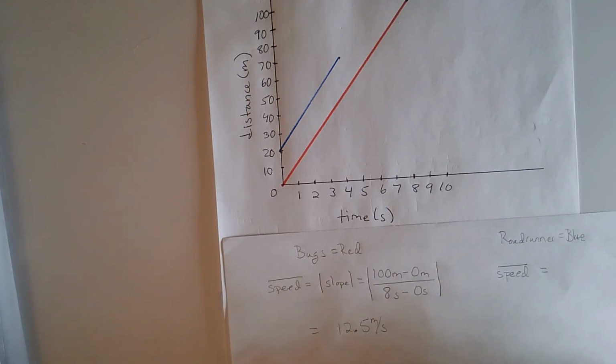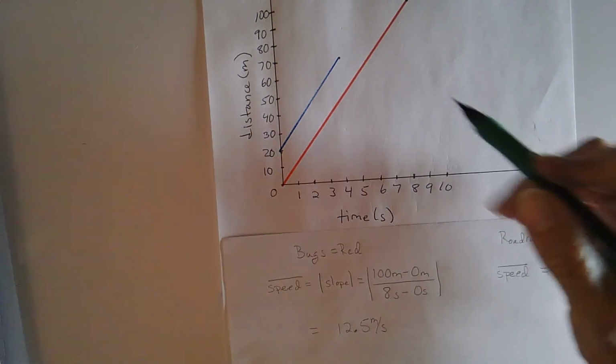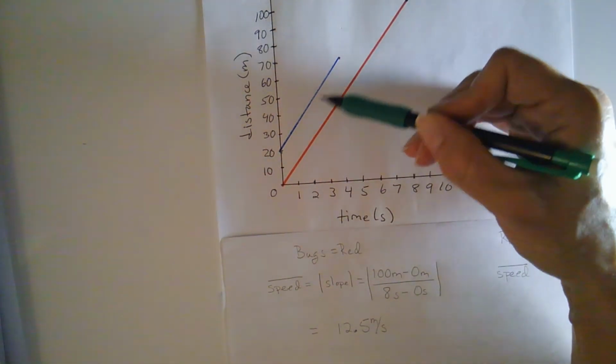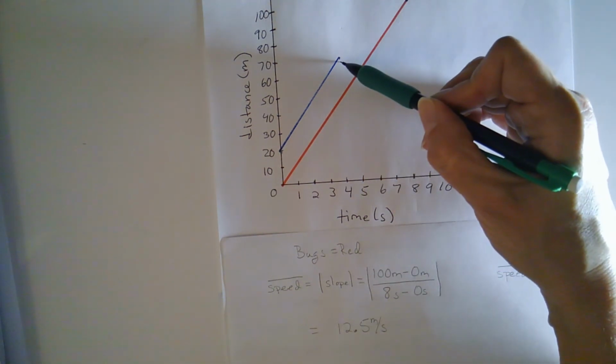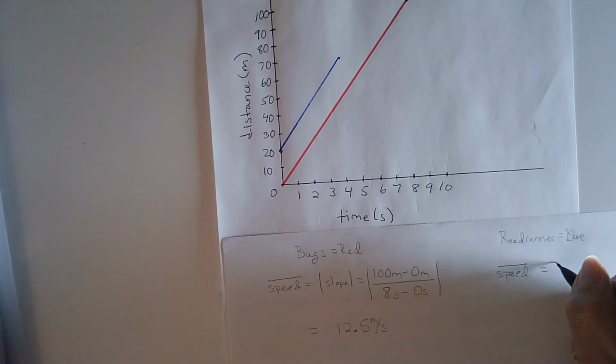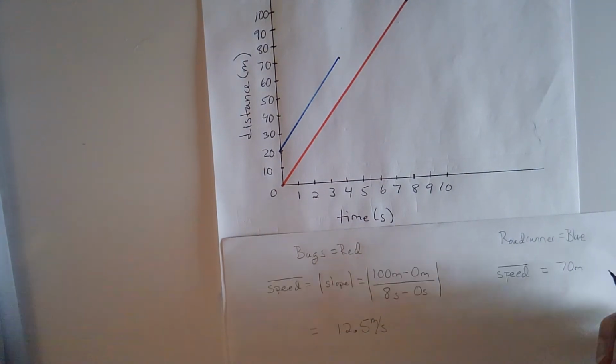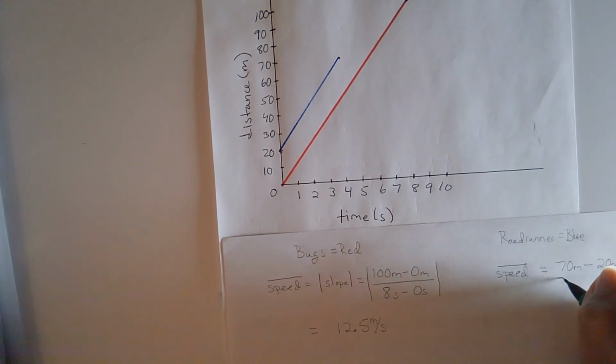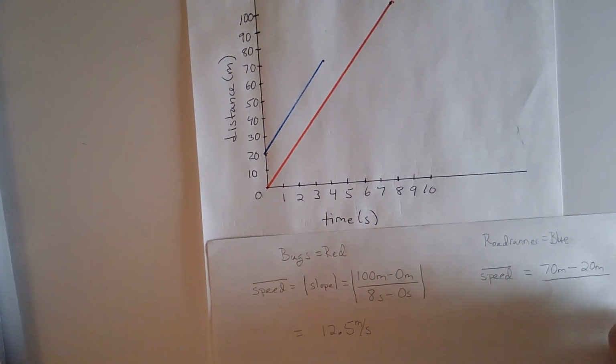So Roadrunner's average speed depends on the slope of his line. Okay, well, he goes from 20 meters to 70 meters in a time of 4 seconds. So he ends at 70 meters. He starts at 20 meters. And he does that in a time of 4 seconds from a start time of 0.